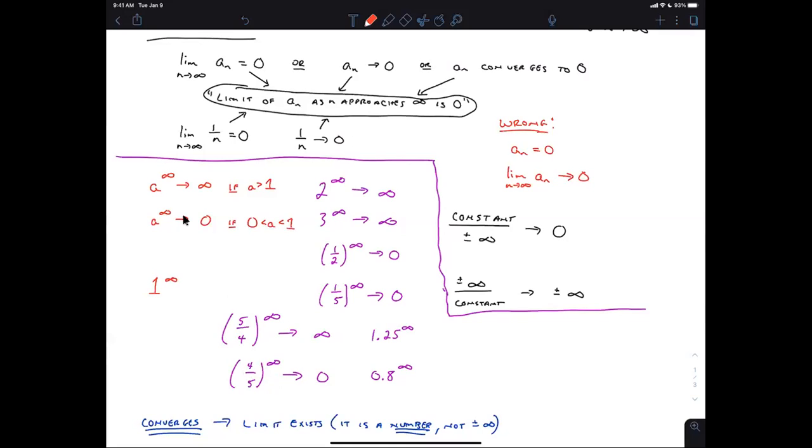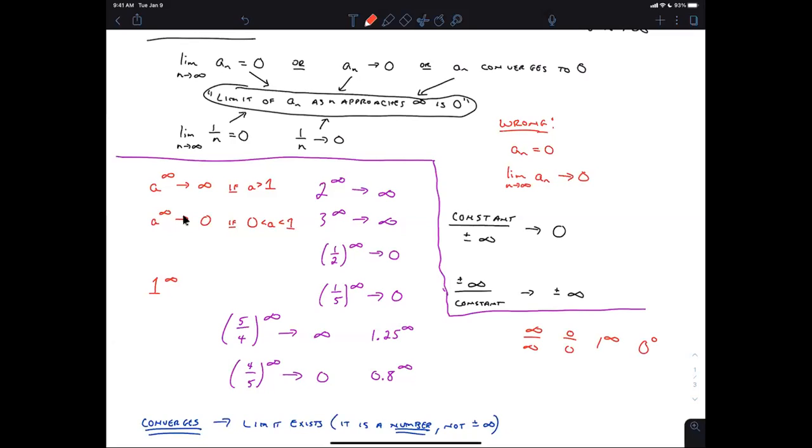It has a name. Anyone remember? Is that an indeterminate? It's an indeterminate form. So like, remember infinity over infinity and 0 over 0 and 1 to the infinity, and then there's some others as well. 0 to the 0, infinity minus infinity, some other ones like that are indeterminate forms.